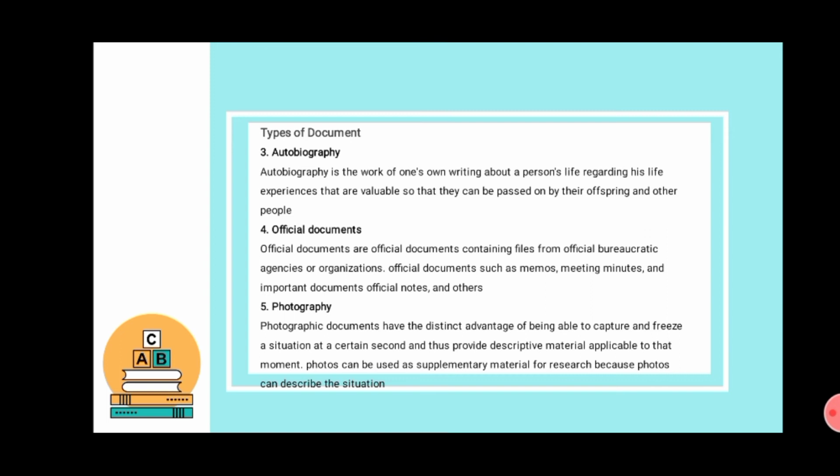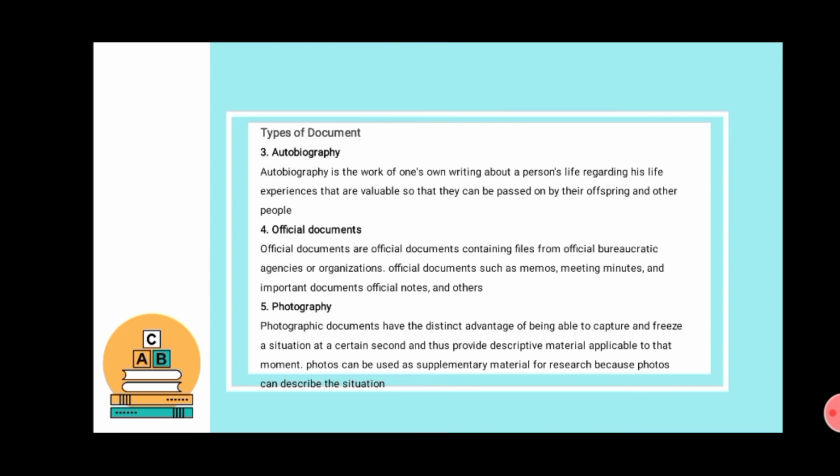Fourth, official documents. Official documents contain files from offices, bureaucracies, agencies, or organizations. Office documents such as memos, meeting minutes, important official notes, and others.